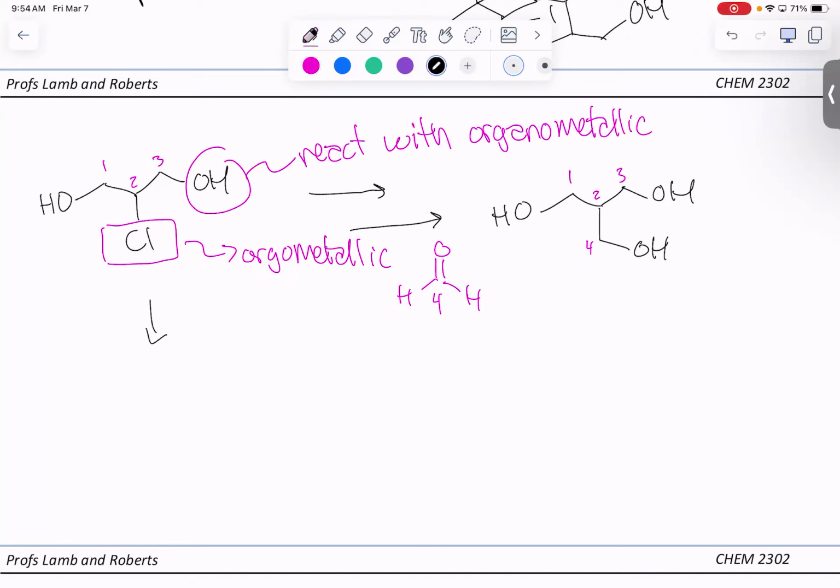All right, let's go ahead and protect this, all right? In this case, because we already have our diol in a reaction, we're going to use a carbonyl group, and in this case, acetone, to do our protection of our reagent. So we would add in our tosic acid and our Dean-Stark trap. We would tie up those alcohols.